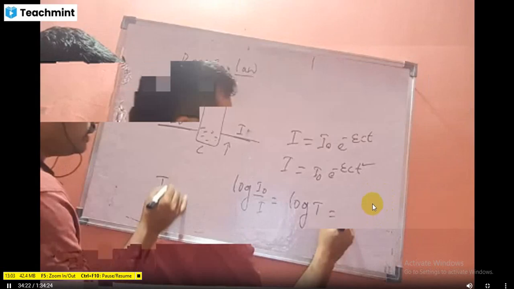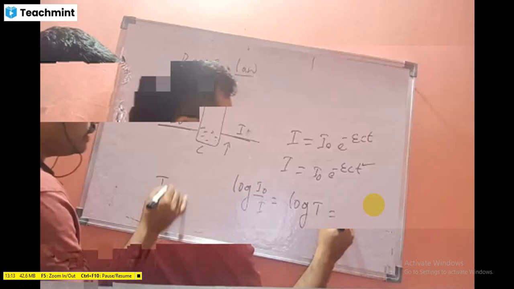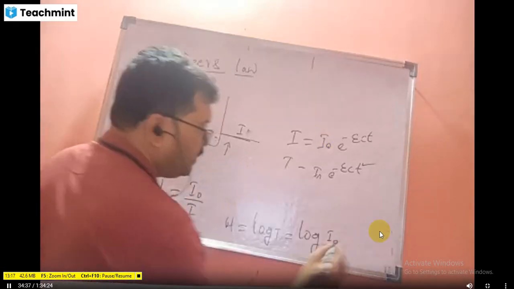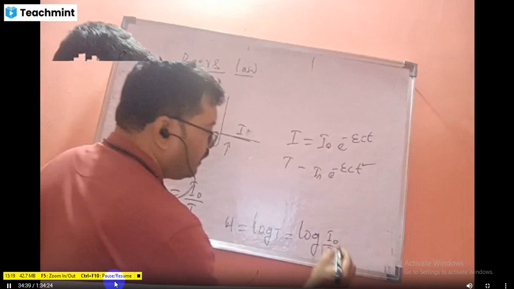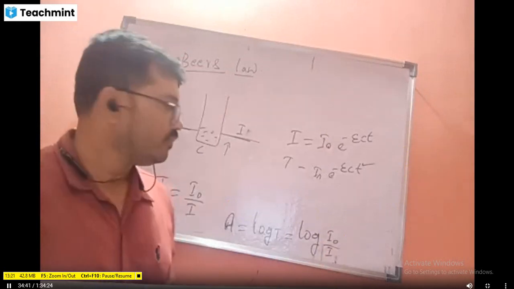So absorbance is equal to log of transmittance, that is, whatever T is, nothing but log I naught by I. Absorbance is equal to log I naught by I.